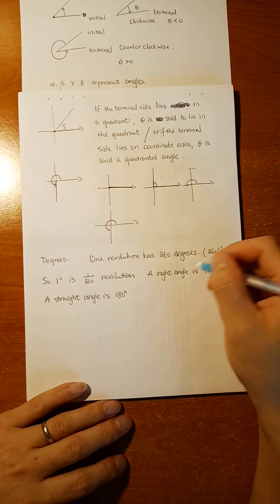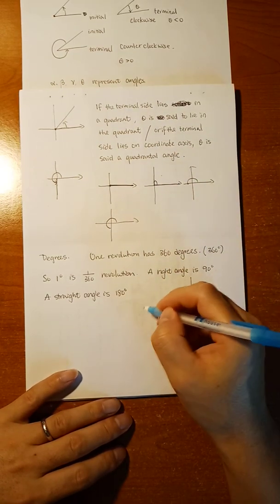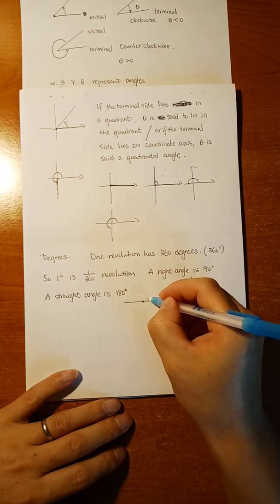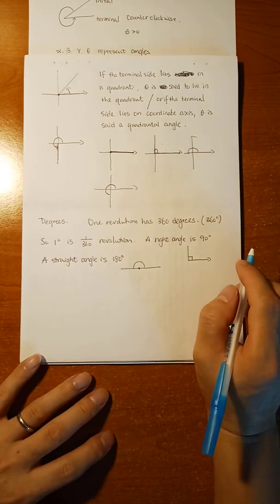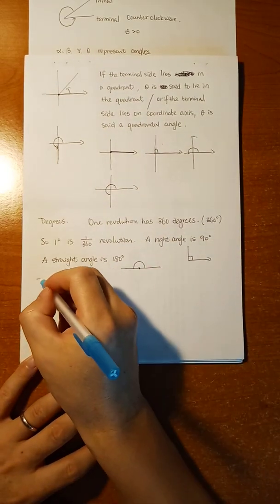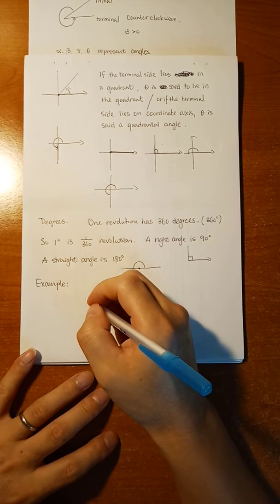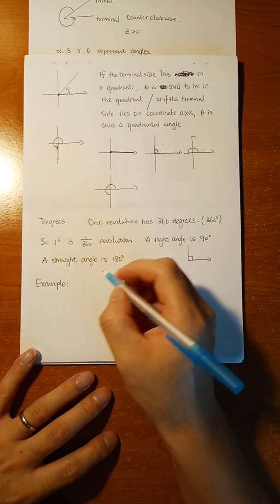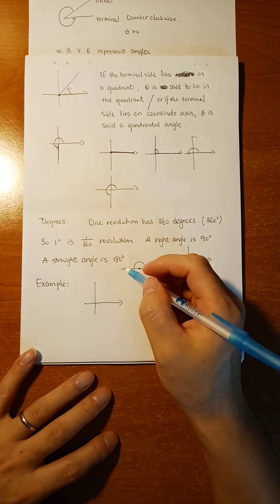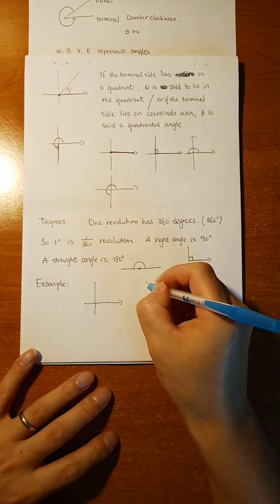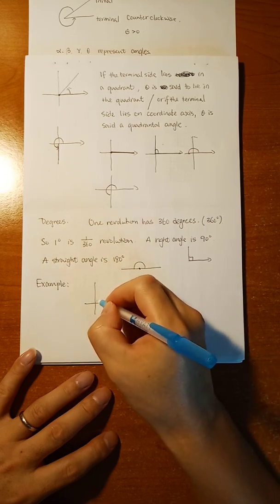This is a right angle, and this is a straight angle. Now remember, we have positive and negative angles. They represent the different directions of a revolution. Let's assume we place it in the standard position. If we want to have 45 degrees, where's the 45? You have the x-axis and you have a diagonal.